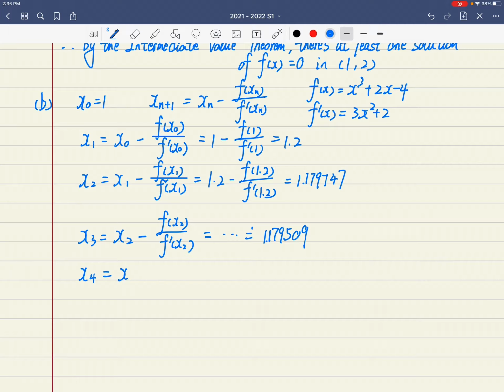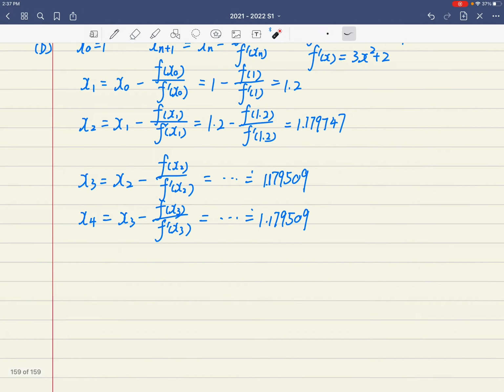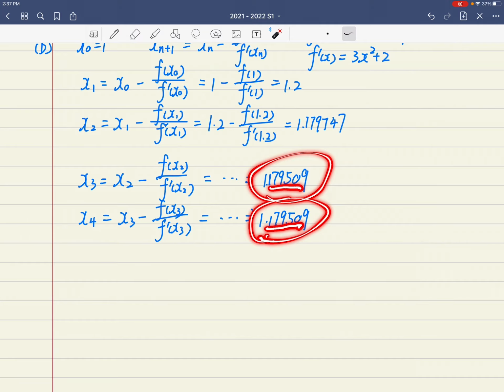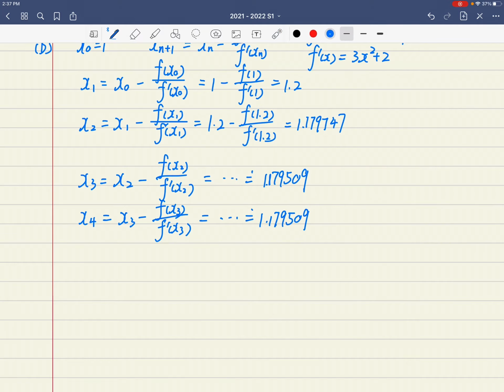So x4 is x3 minus f(x3) over f prime of x3. Now after some calculation, we get the result 1.179509. So now you can stop here, because now the first 5 decimal places are the same for these 2 consecutive answers, right? So now we can stop and make our conclusion.